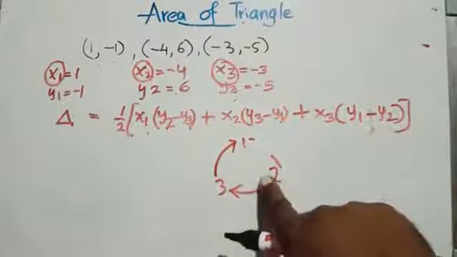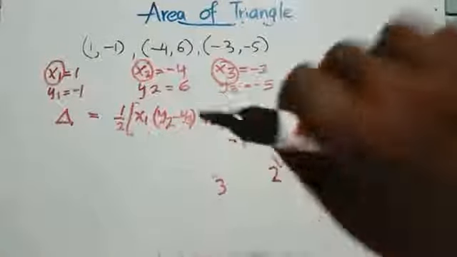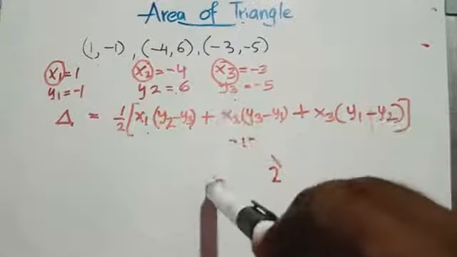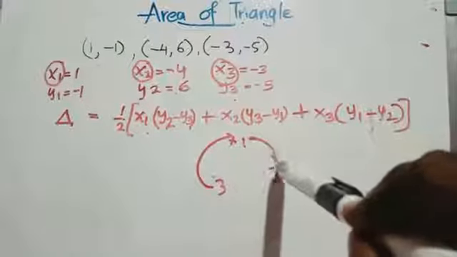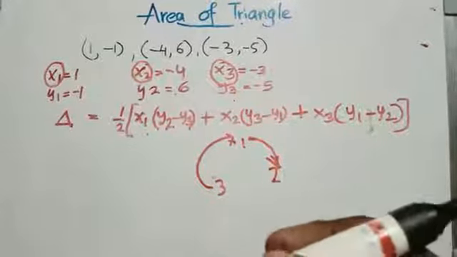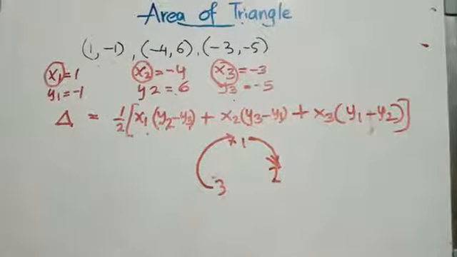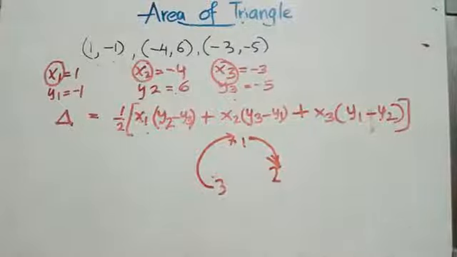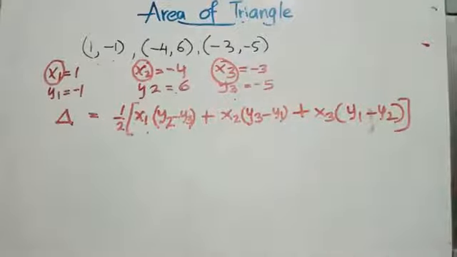And the third one we start from 3, so we get 3 1 2. This type of expressions are known as cyclic expressions. Okay, so now let us replace the values.